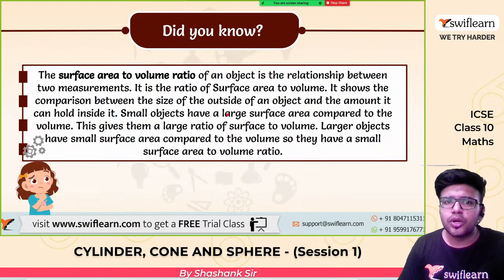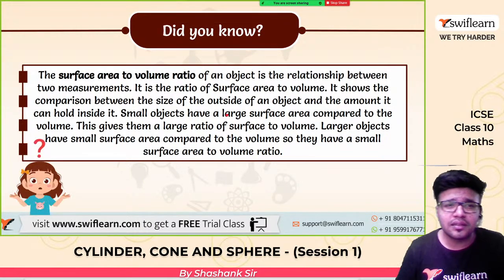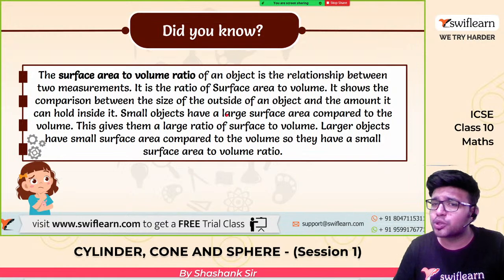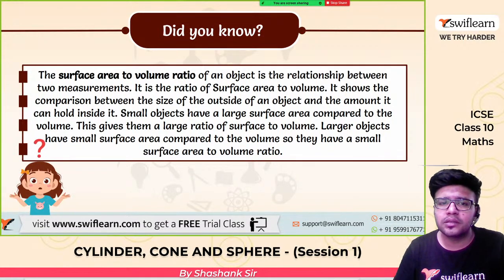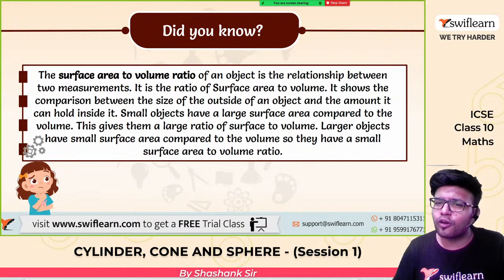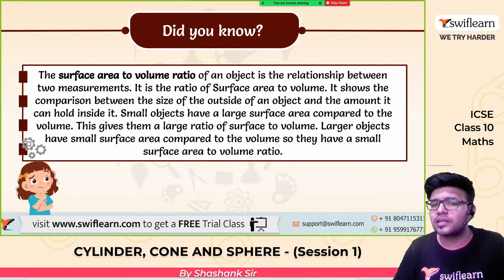So, did you know this fact? The surface area to volume ratio of an object is a relation between two measurements. It is the ratio of surface area to volume. It shows the comparison between size of outside of an object and the amount it can hold inside.